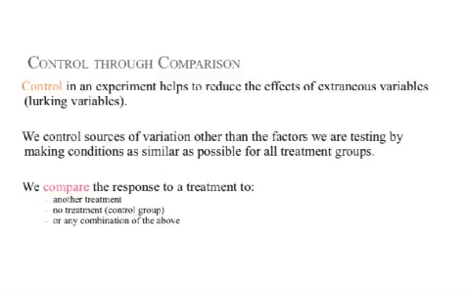If your groups are controlled as much as possible, then we can truly see what the effect of the condition you're testing does to each group. And you can compare the response to a treatment by sometimes having other treatments, no treatments, and when you have no treatments, you're often comparing it to something called a control group, or you might have a combination of these two.